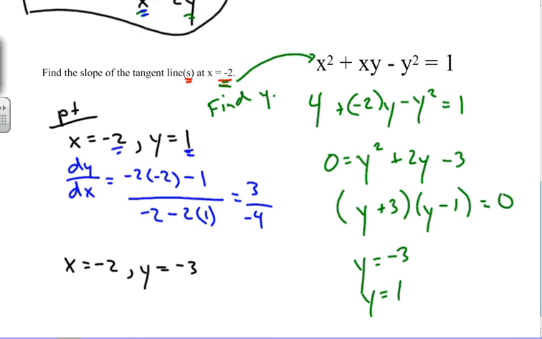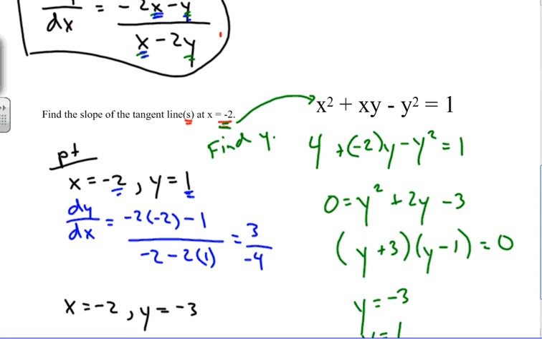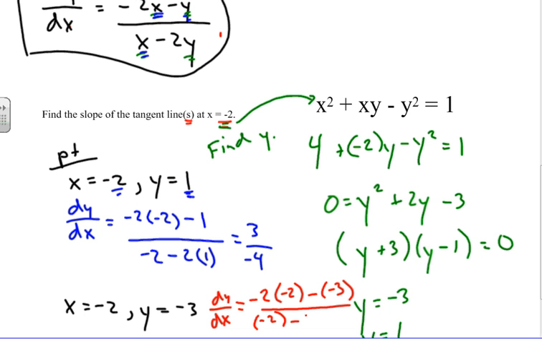Let's go to the bottom one. The same thing. We're going to have dy/dx, in this case, negative 2 times negative 2, minus this y, which happens to be negative 3, all over negative 2, which is my x, minus 2 times my y, which is negative 3.